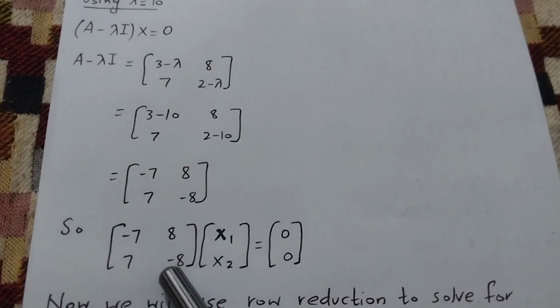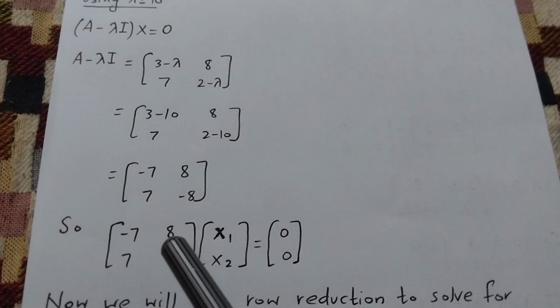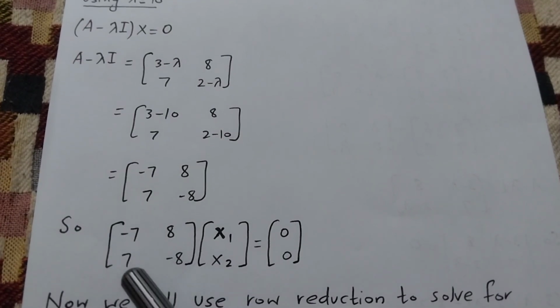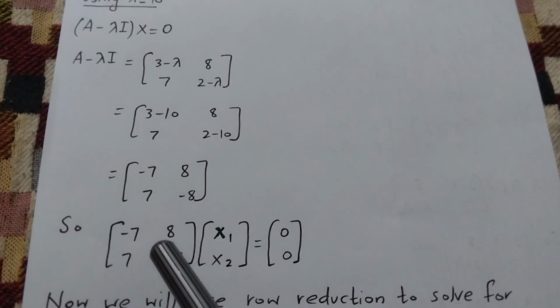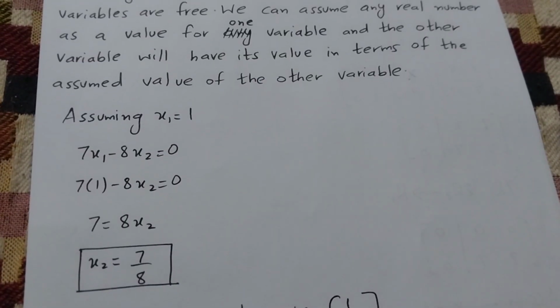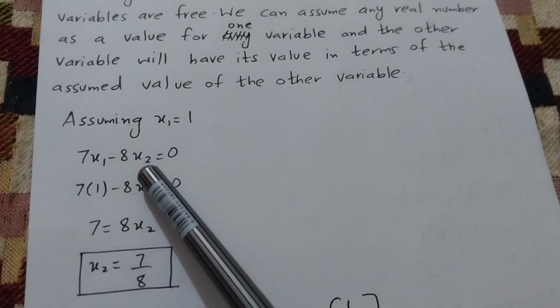So 7x1 minus 8x2 equal to 0. Now we are using this equation to find the value of the variables, and we have supposed the value of x1 to be 1.